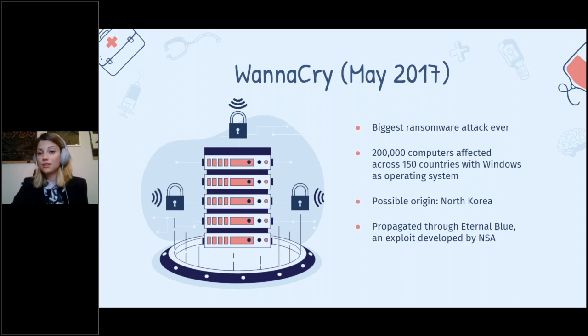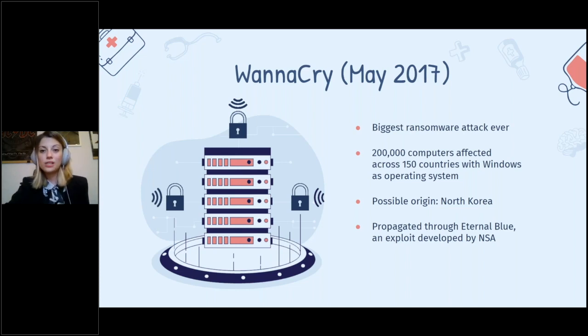Security experts believed from a preliminary evaluation of the worm that the attack originated from North Korea or agencies working for the country. It propagates through EternalBlue, which is an exploit developed by the United States National Security Agency. While Microsoft had previously released patches to close the exploit, much of WannaCry's spread was from organizations that had not applied them or were using older Windows systems that were past their end of life, like, for example, Windows XP.